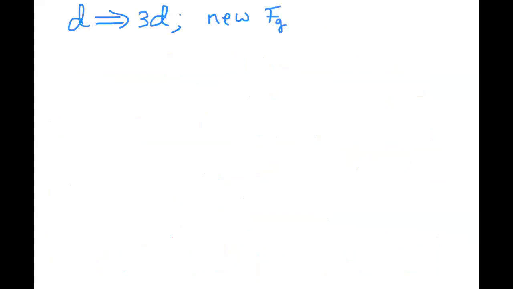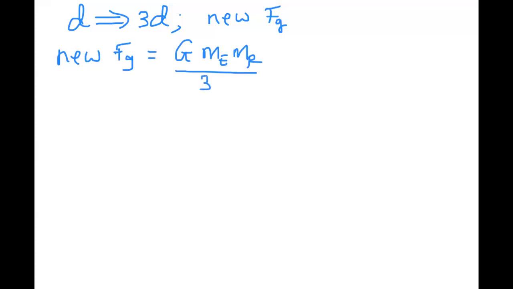If you follow the same procedure, you'll find that the new Fg will be equal to G, mass of the Earth, mass of the rocket, divided by the distance, which is 3d, so 3d squared. You end up with 1/9 of the original one, m e m r divided by distance squared.